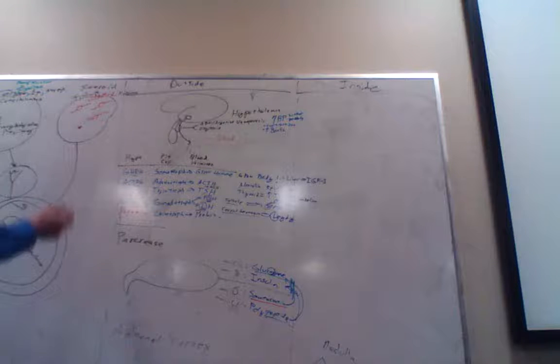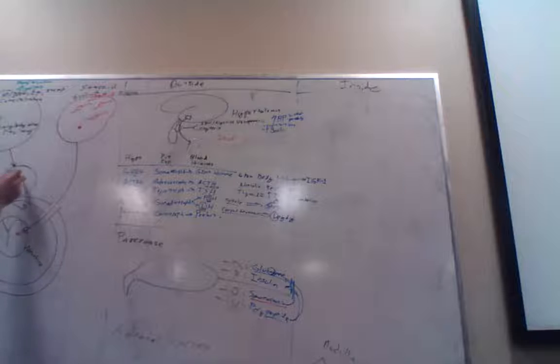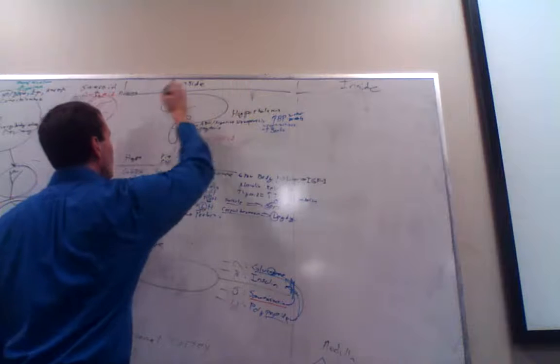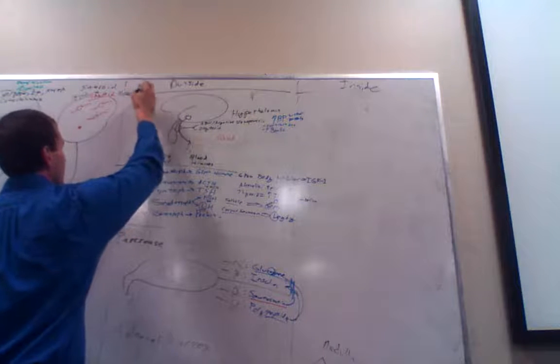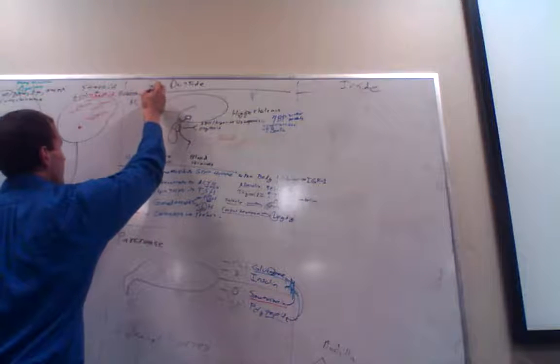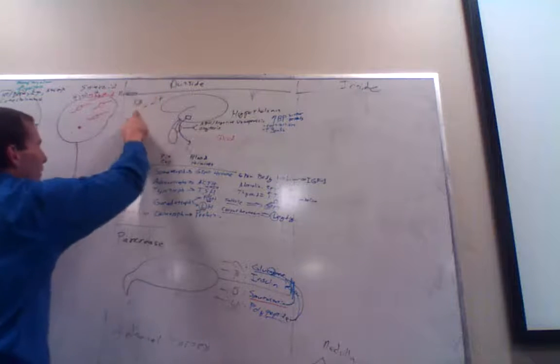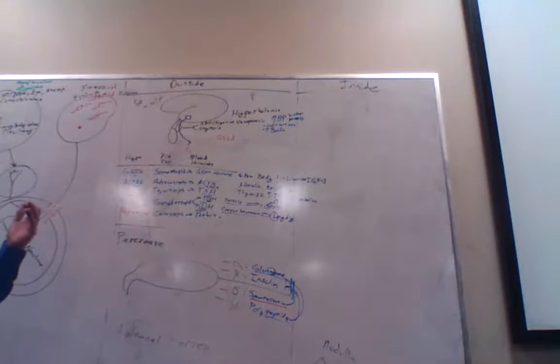Some are outside, some are inside, and there are two in each category. Here, there are 2 posterior and 5 anterior. If you can name those, you're done.